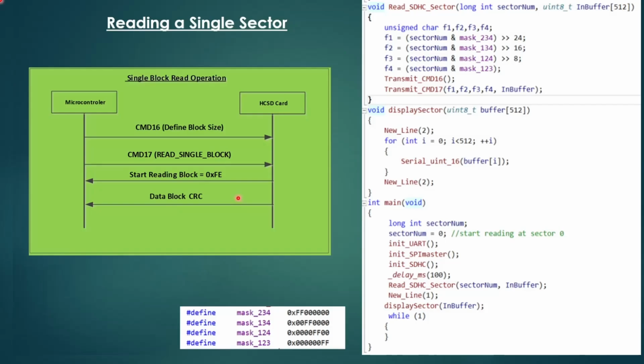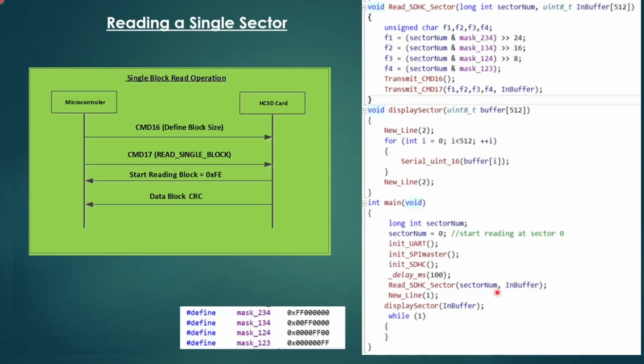So let's look at the code. Start with the main. Of course we initialize the UART and the SPI, then init the SDHC. We already did that; we know how to do that. And then the new thing here is read SDHC sector. We are going to have two parameters. The sector number, that's the sector we want to read, which can be as big as 32 bits.